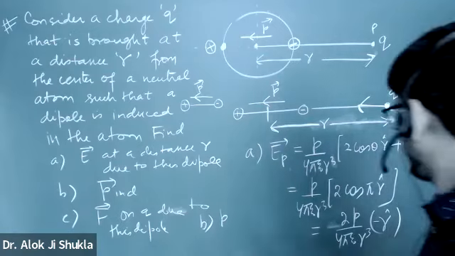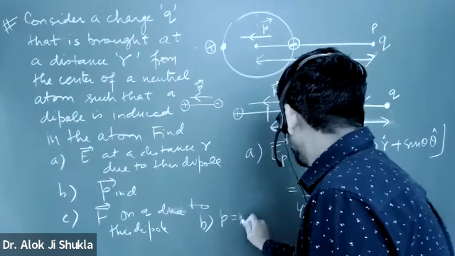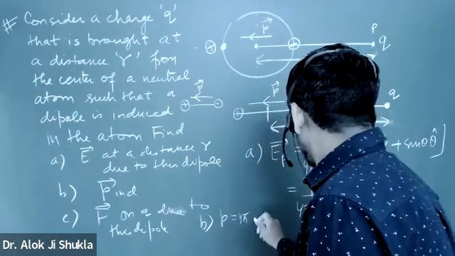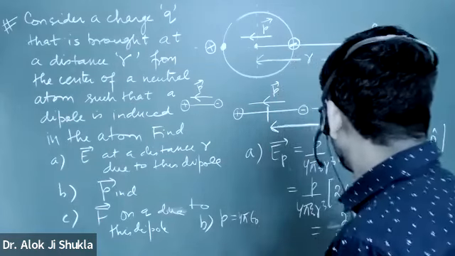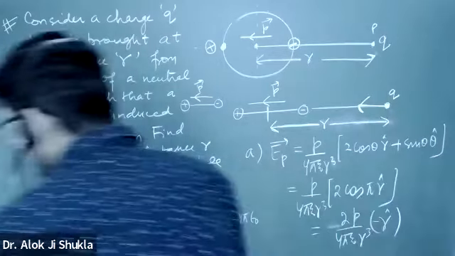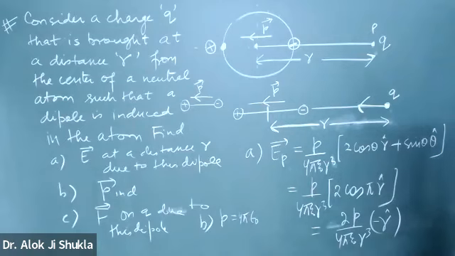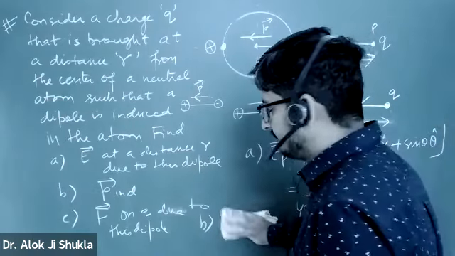So P is equal to how much? 4 pi epsilon naught. So what is the field that is applied? Let us calculate the field applied, E external, and then we can calculate the dipole moment. Okay. So what is the field applied?